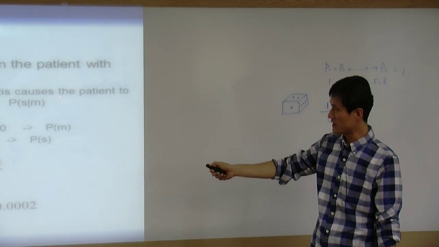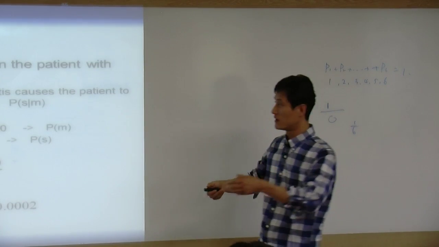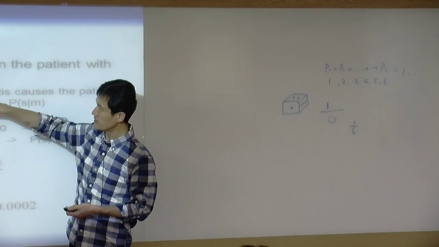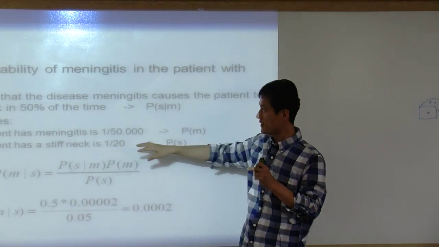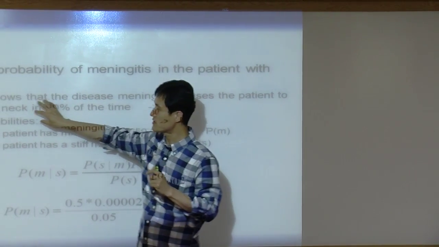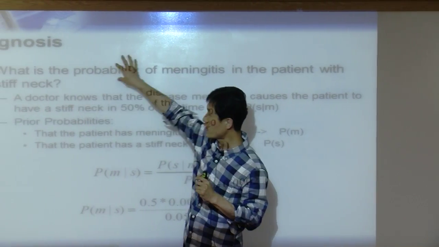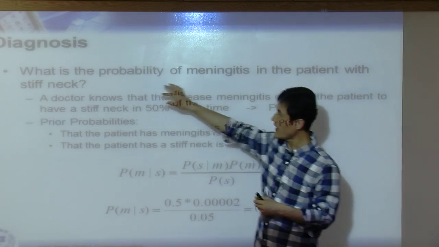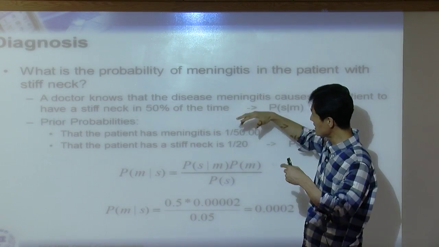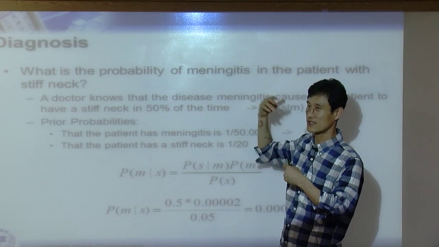So this means the opposite way. When someone has this disease, 50% of the people will have stiff neck. The question is the reverse one. If the patient has stiff neck, what is the probability that he has this disease?